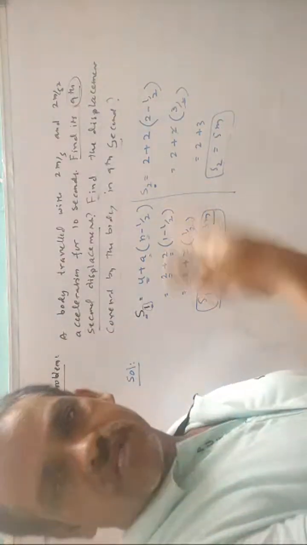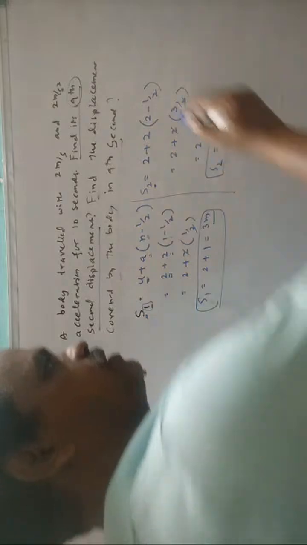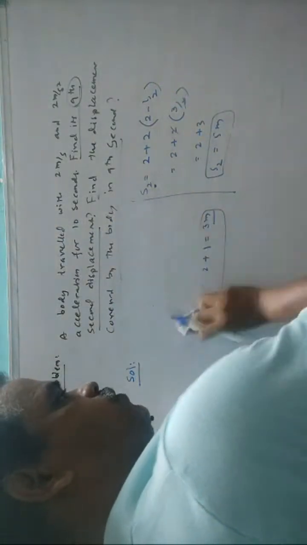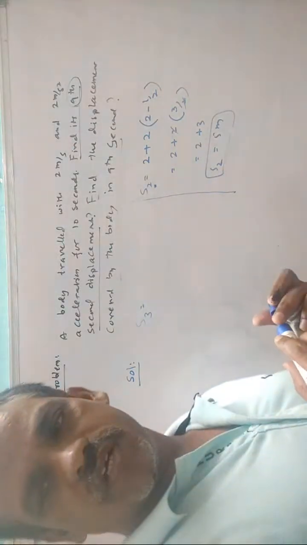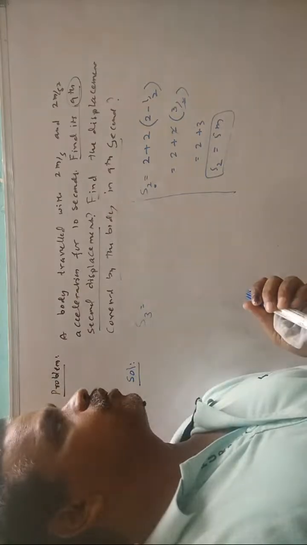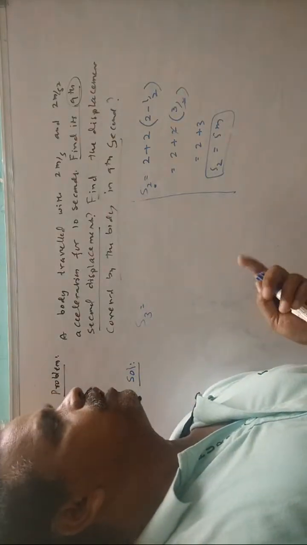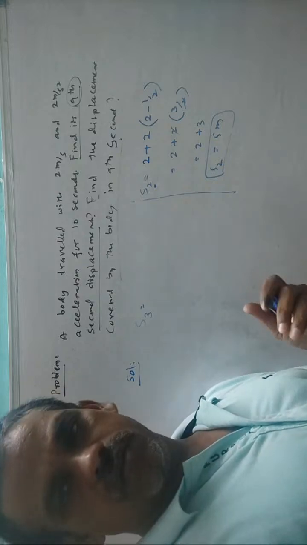So you just calculate S3 here. Then go for S3. Calculate fast and give me answer fast. Come on. Here u equal to 2, a equal to 2, n equal to 3. Calculate fast.